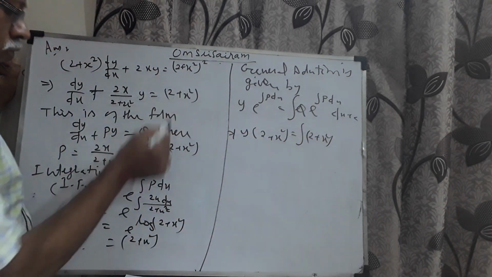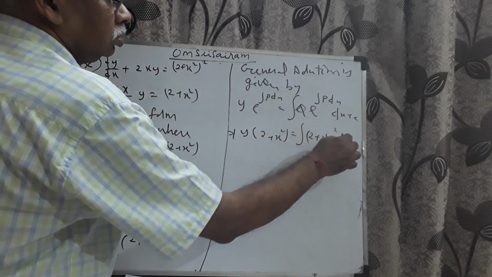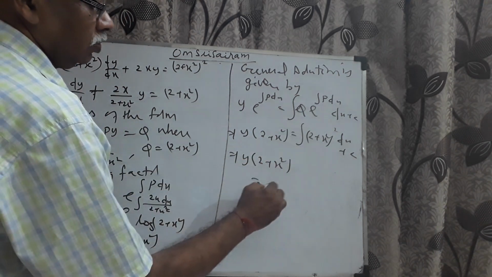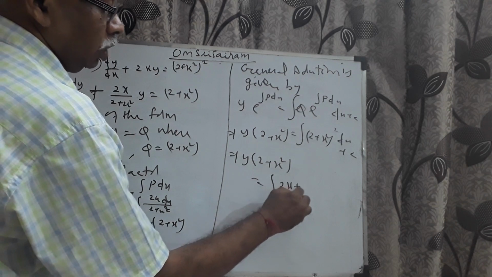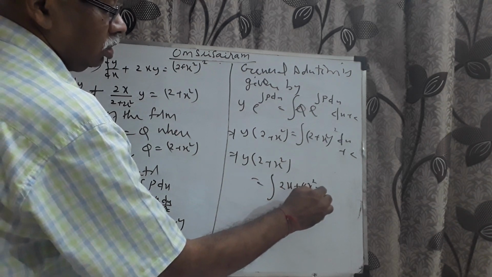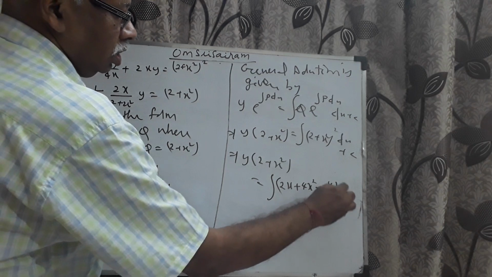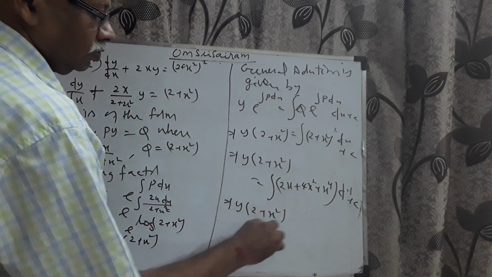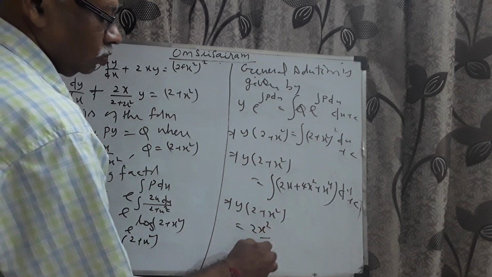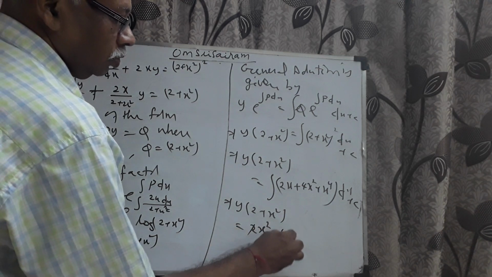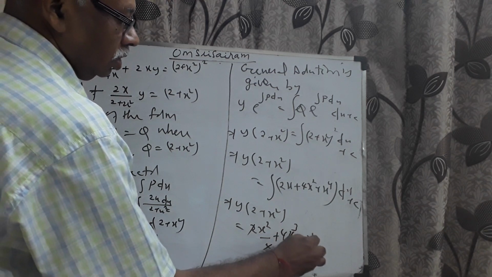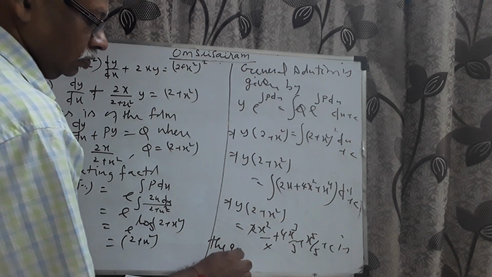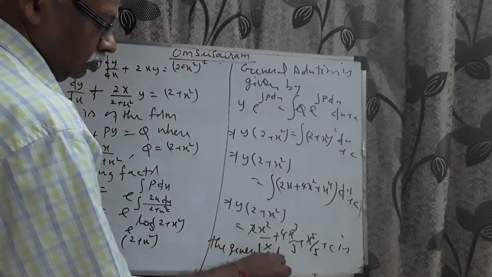I have one (2 + x²) here and another (2 + x²) here, which will imply y into (2 + x²) = ∫(2x + 4x² + x⁴) dx + c, which implies y(2 + x²) = 2x²/2 + 4x³/3 + x⁵/5 + c is the general solution.